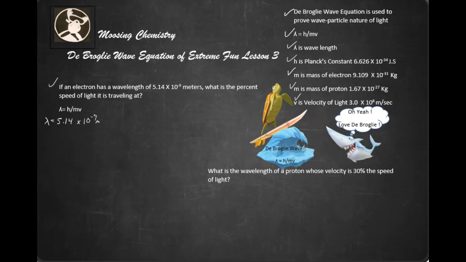We know Planck's constant because it's always the same thing. It's a constant, 6.626 times 10 to the negative 34, and that's joules per second, of course.